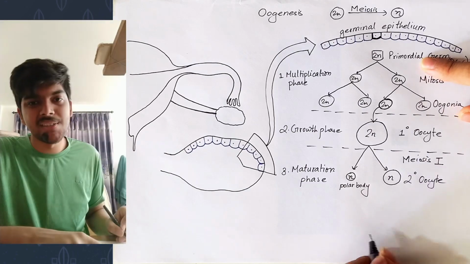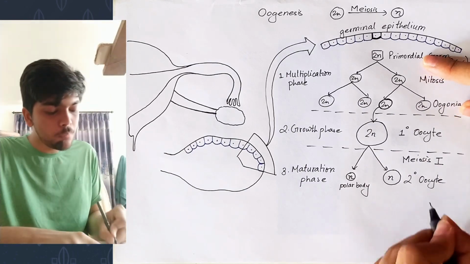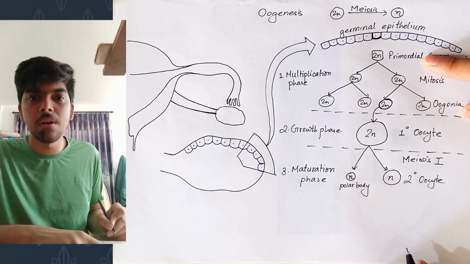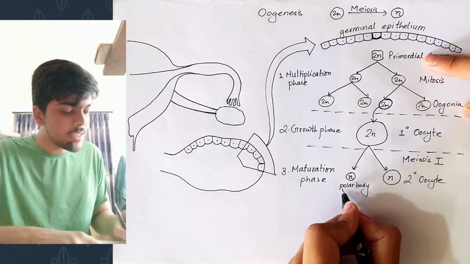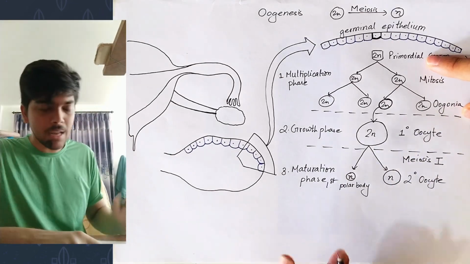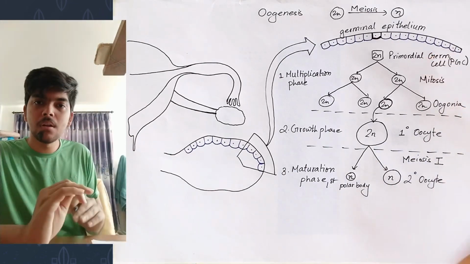Polar body is not essential, it's not important. What's important is secondary oocyte, because secondary oocyte is responsible for the formation of egg. Since this polar body is formed first, it's called first polar body. As simple as that. Okay, so meiosis 1 is over.